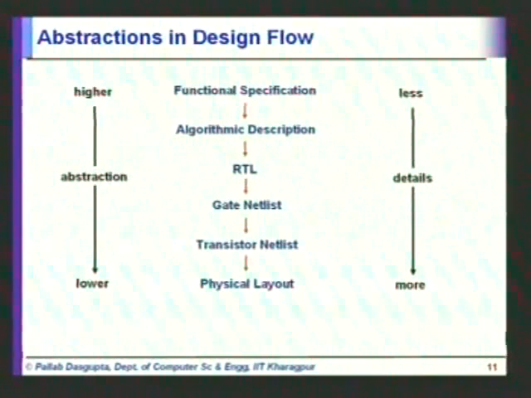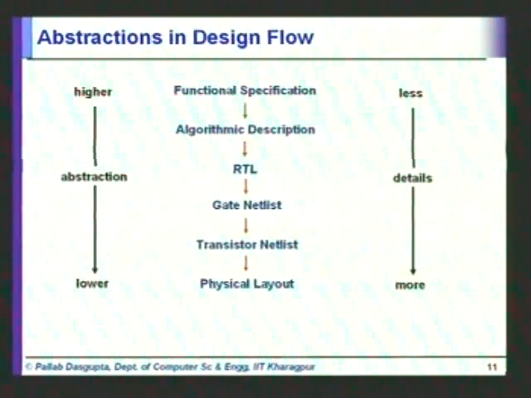And that again is a source of bugs, because the RTL designer may not now interpret the architectural specifications in the correct way, right? There is a lot of development going on to make this step automatic, whether we can go from the algorithmic description to the RTL in an automatic way, okay? But it's going to take a lot of time before we reach there.